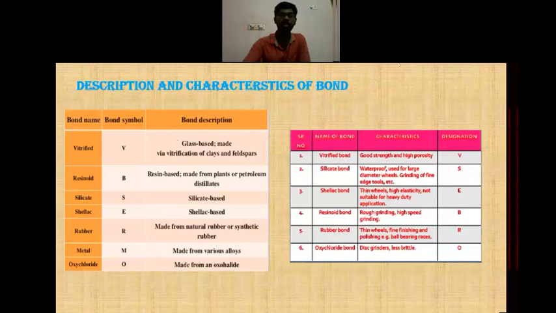And the most important characteristics of vitrified bond are its good strength and high porosity. Same as for all bonds, various bond types and different characteristics are given in this table.